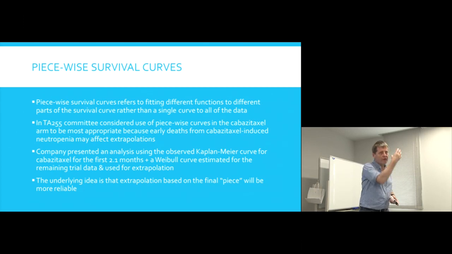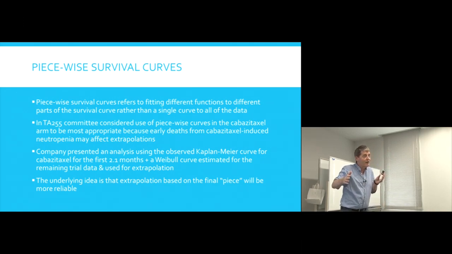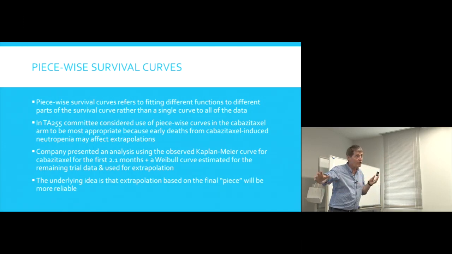And then if you survived that first phase of treatment, these deaths ceased. And so the next piece of the survival curve was a different shape from the first piece. The first piece was quite high hazard rate, but it was short-lived. Then the second piece was people dying at a much lower rate.